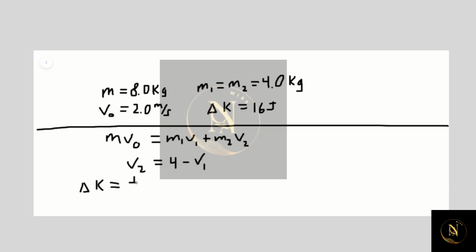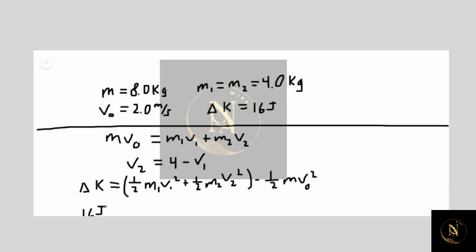But also, we know from conservation of energy that delta K is equal to the final, which is 1/2 M1 V1 squared plus 1/2 M2 V2 squared, minus the initial, which is 1/2 M V0 squared. This is 16 joules.